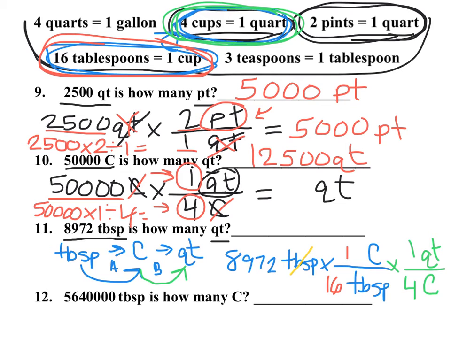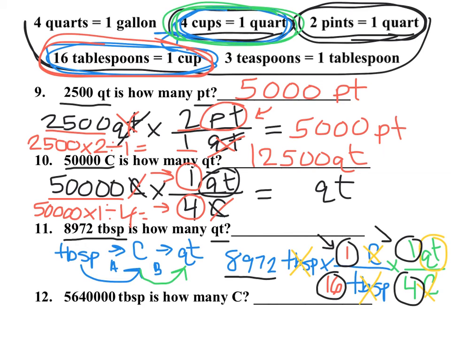Well, tablespoons got canceled out, cups got canceled out, and now I'm left in units of quarts. So now that I have that, I'm just going to do my math: 8,972 times 1 divided by 16 times 1 divided by 4. Remember, we always multiply by the top numbers, divide by the bottom numbers.